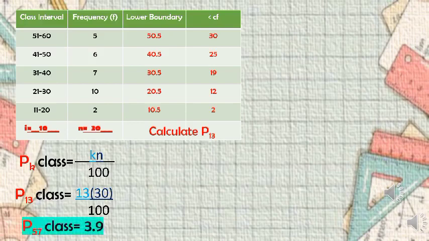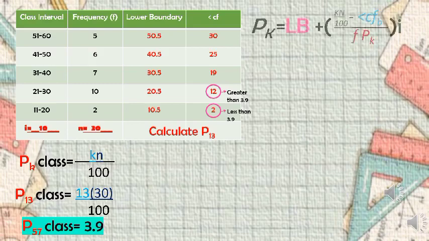Now, we will look at our less than CF or cumulative frequency column. So 2 is less than 3.9. So this will be not the percentile class. Then 12 is greater than 3.9. So this will be our percentile class. This row, the second class. After that, we will now be using the formula of percentile for the group data.